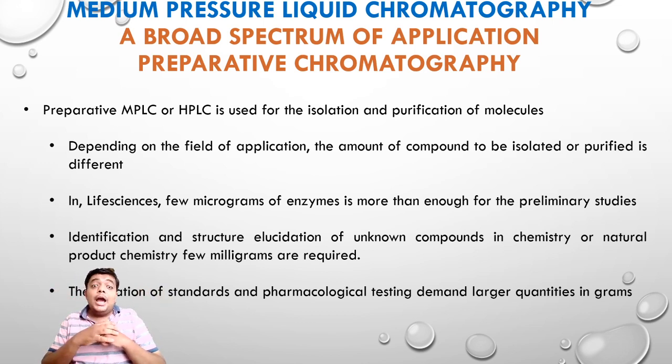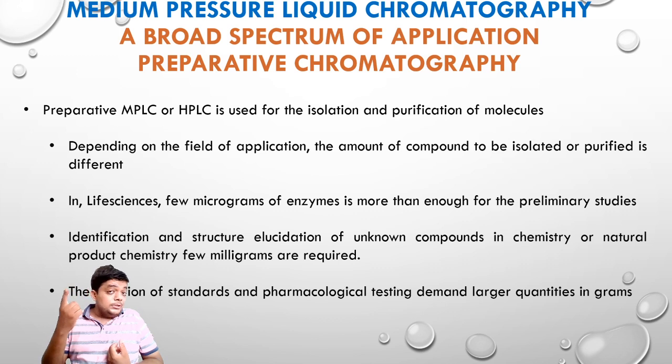But identification and structural elucidation of an unknown compound in chemistry or natural product chemistry requires a few milligrams. When this word few milligrams comes, sometimes analytical chromatography cannot withstand this quantity, and in such a case you require preparative chromatography.